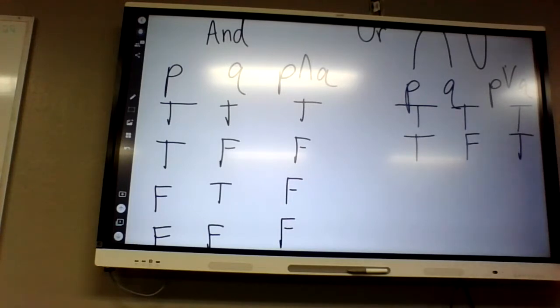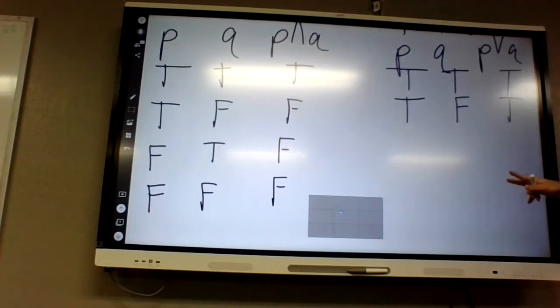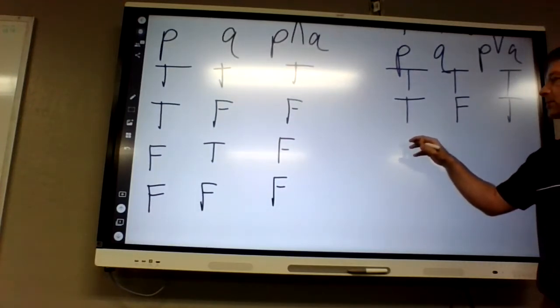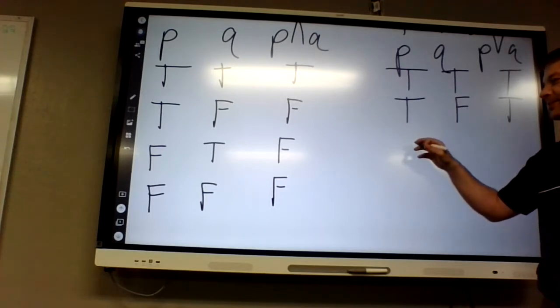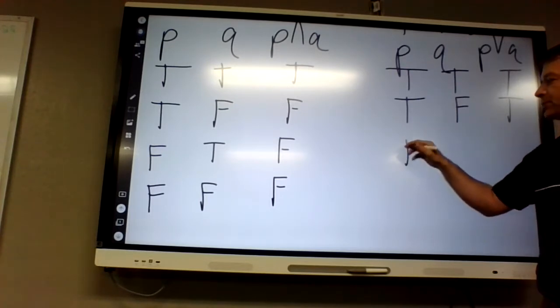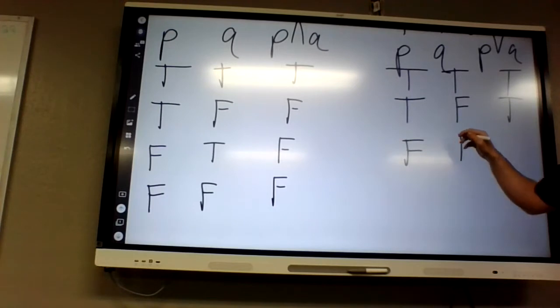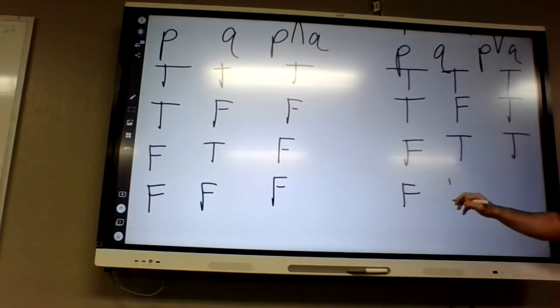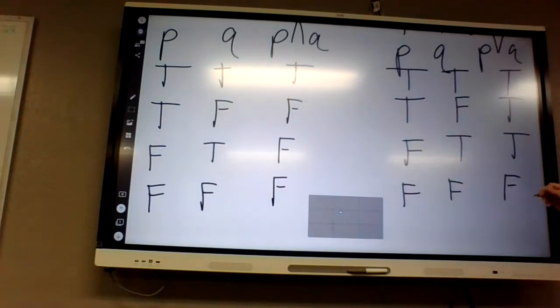True. So with an or statement, if one of them is true, it's still a true statement. You guys are sophomores or you're in geometry. That's true. You guys are sophomores or you're in algebra. False. So the only time or doesn't work is if they're both false.